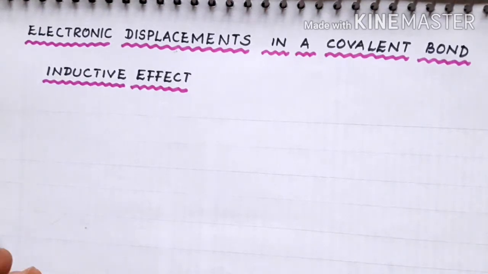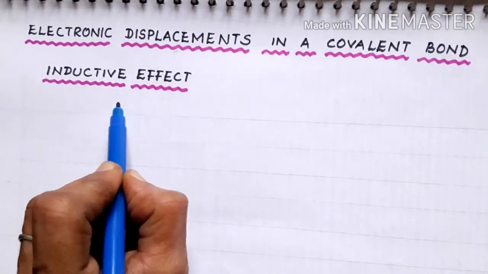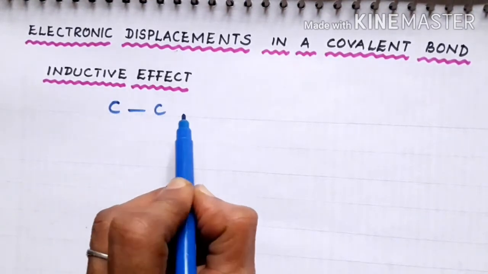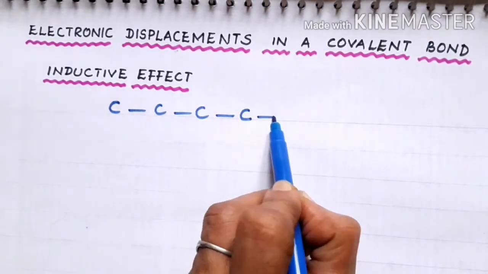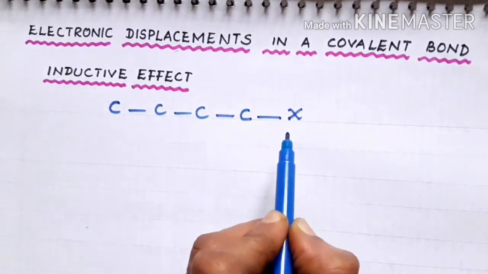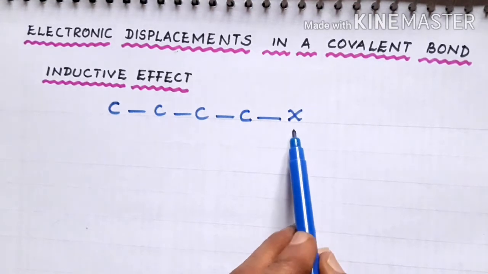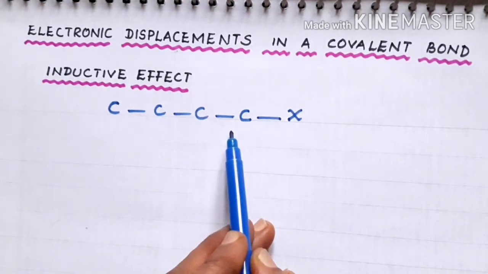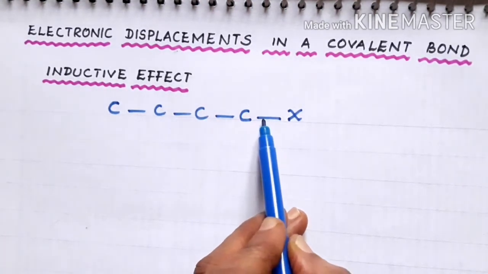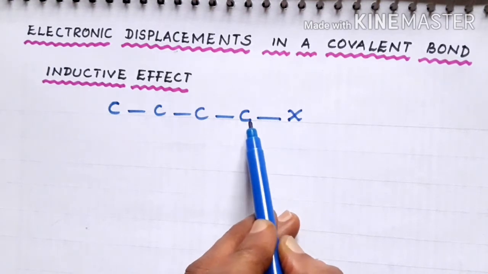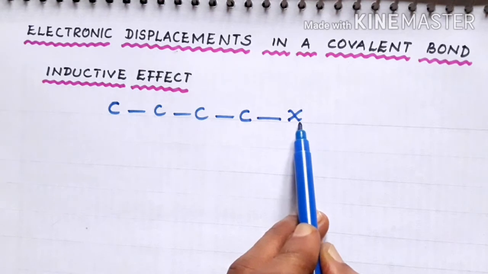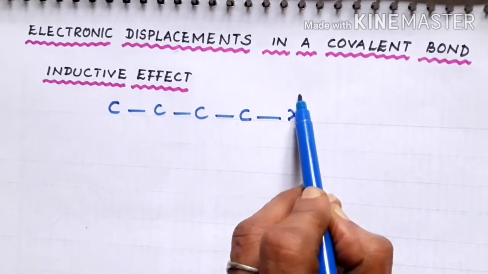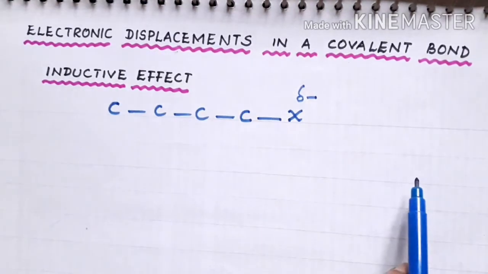Suppose we have a carbon chain with 1, 2, 3, 4 carbons and a halogen is attached here. Evidently, the halogen is more electronegative than carbon. So, the shared pair of electrons in the C-X bond will be shifted more towards the halogen, making it slightly negative.